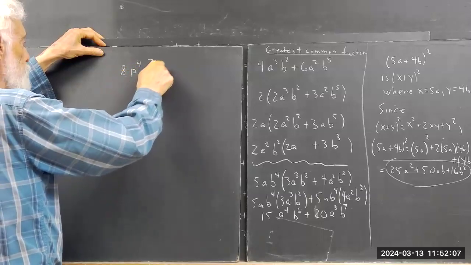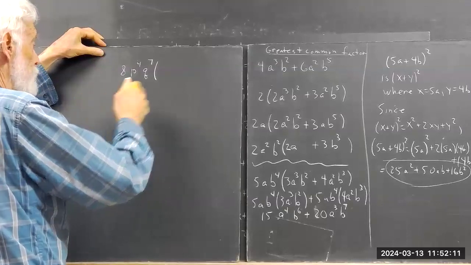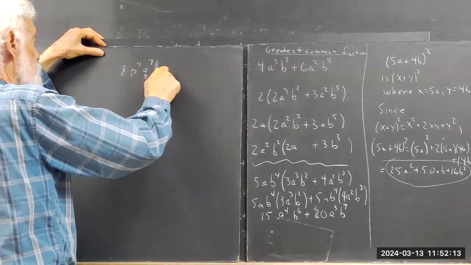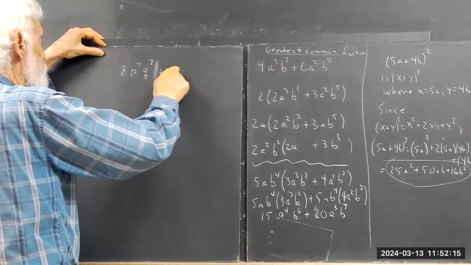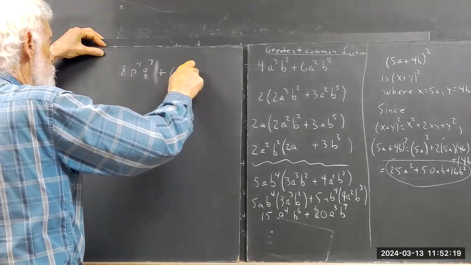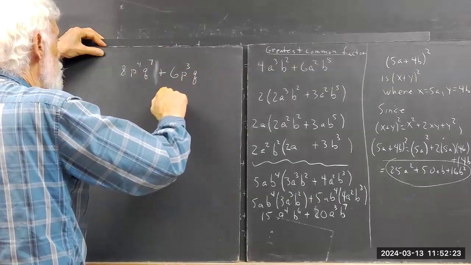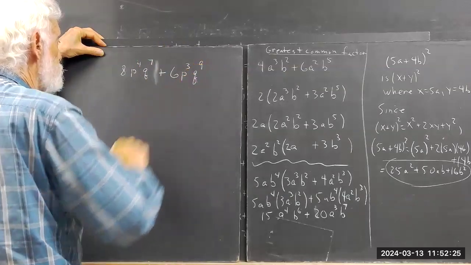Eight P to the 4th, Q to the 7th, plus 6 P cubed, Q to the 9th.